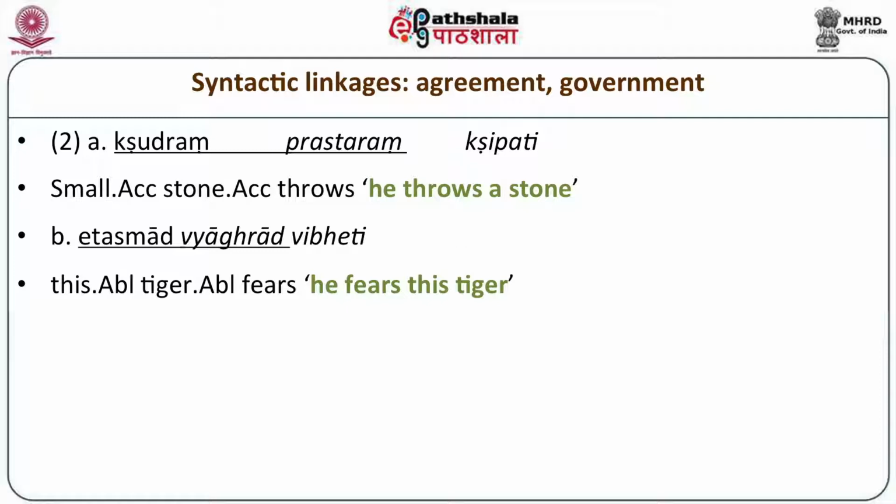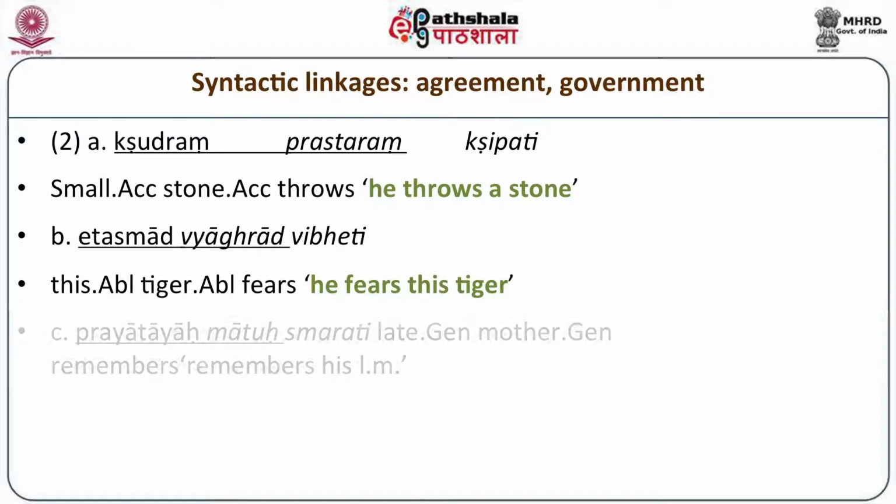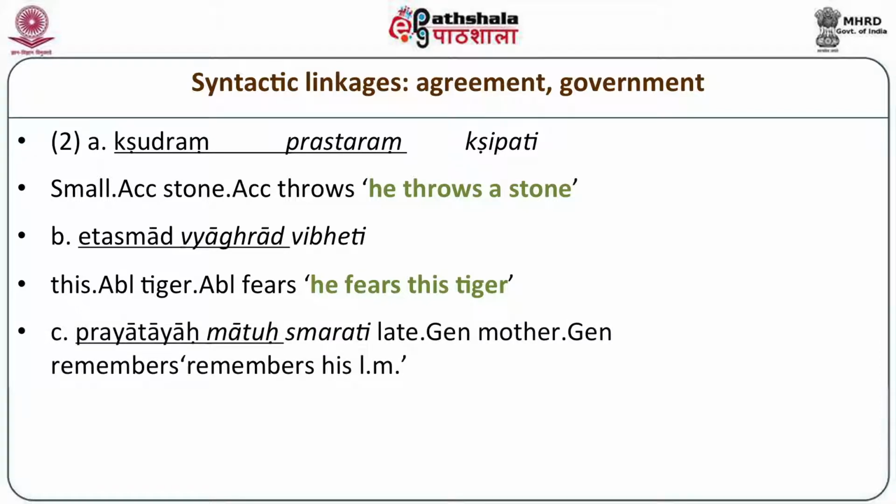So the word this, which is a demonstrative, copies the ablative case from the noun. Third and last example in this bunch. Prayataya matuh smarati. He remembers his late mother. Here again, you get copying of the genitive case from mother to late.